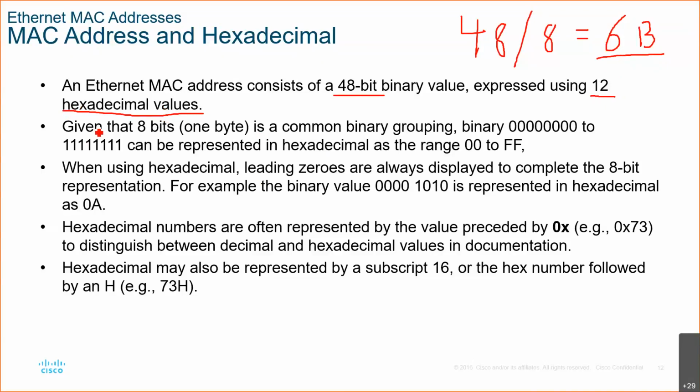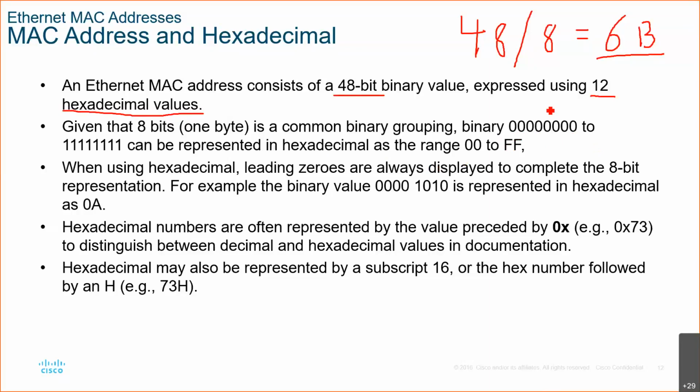Keeping that in mind, remember, your MAC address and your IP version 6 address are always represented using hexadecimal values. So if you want to represent a binary, this one is binary 00000000.